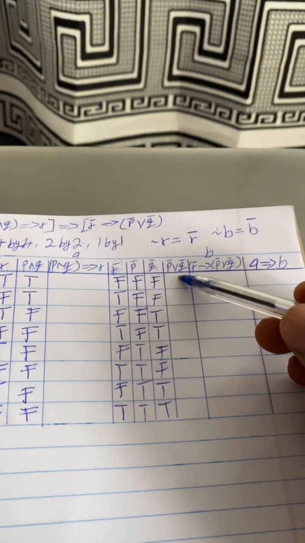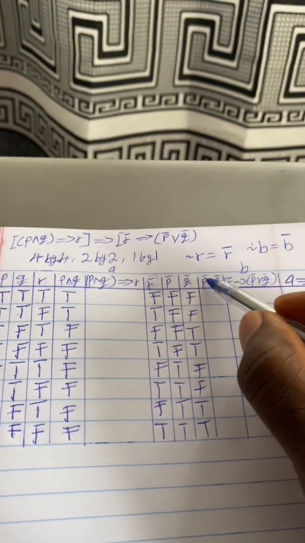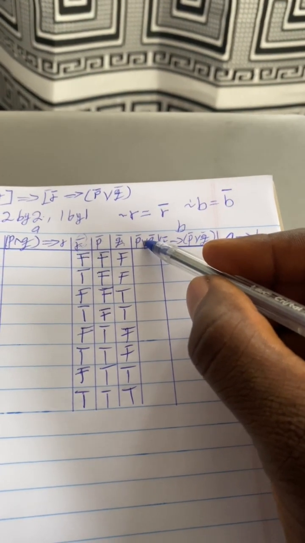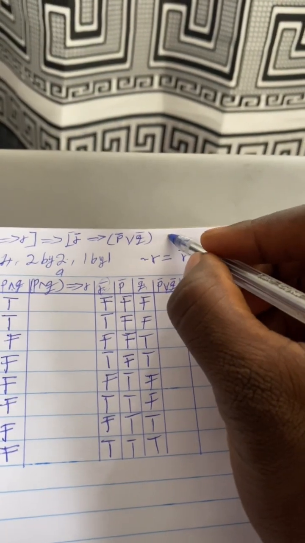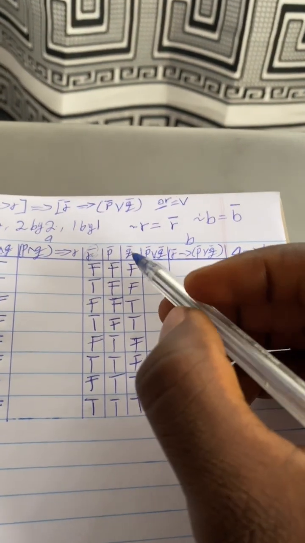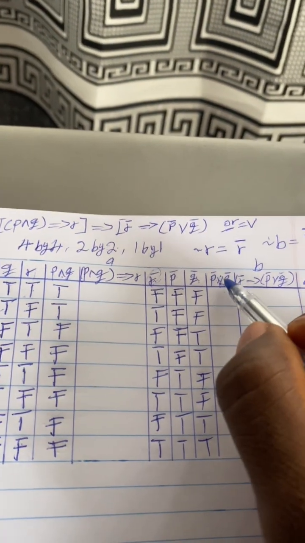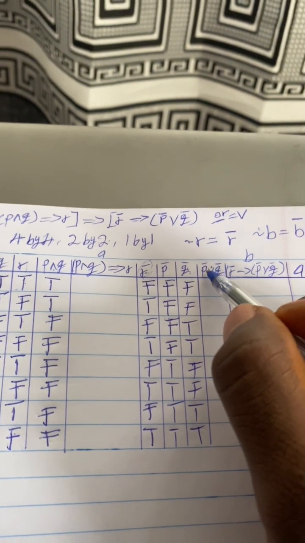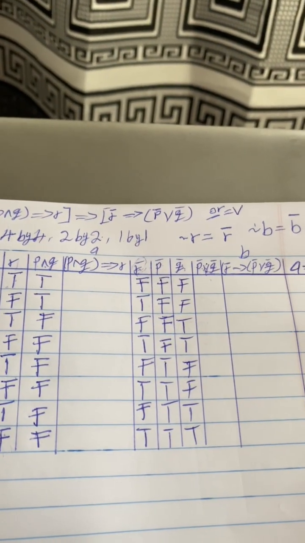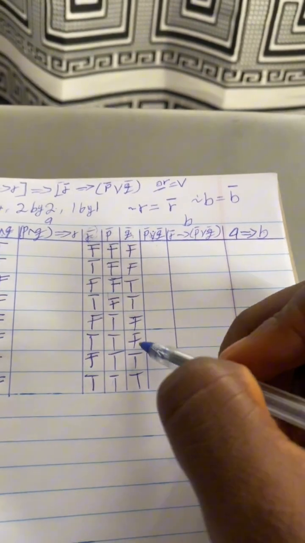We are here. So we should get this, that's the opposite of P or the opposite of Q. This symbol is or. So the opposite of P or the opposite of Q. This means the opposite of P has to be true or the opposite of Q has to be true.